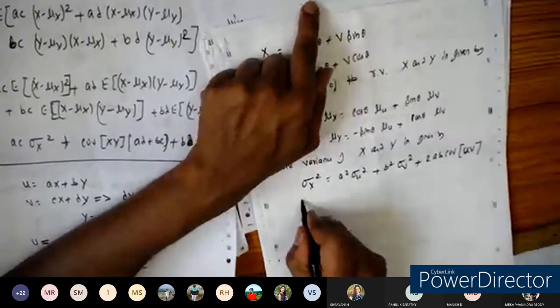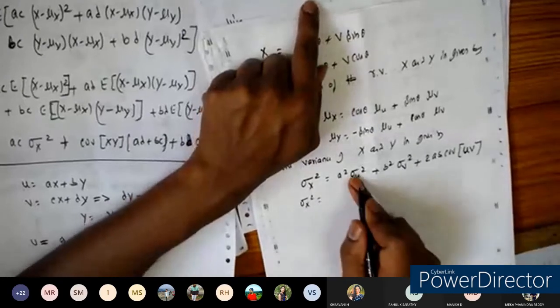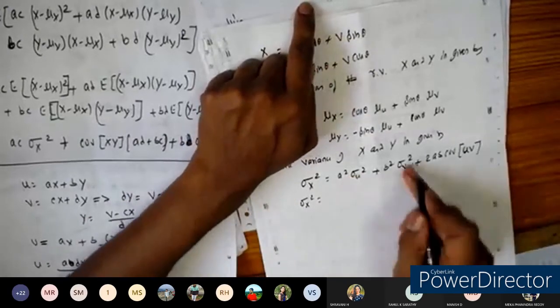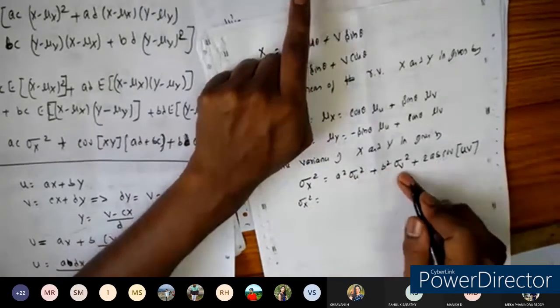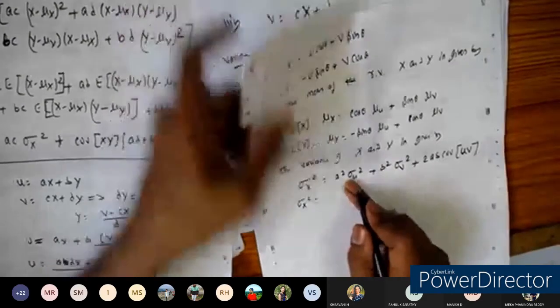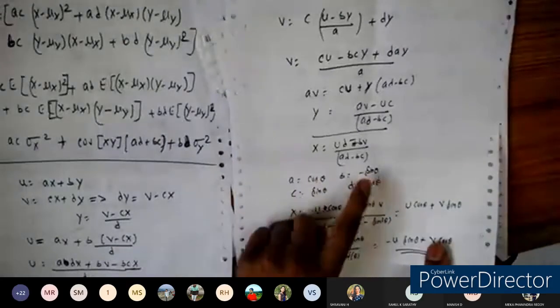So we know the value of a and we know the value of b. a is cos theta, b is sin theta.